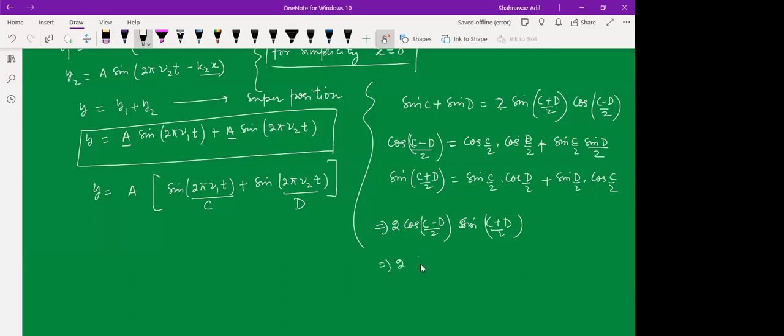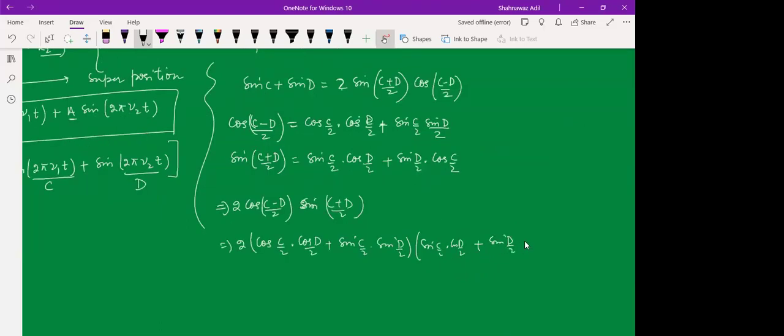So if we multiply that, how much would that be? That would be 2 cos(C/2) cos(D/2), sin(C/2) sin(D/2), and then the multiplication of sin(C/2) cos(D/2) plus sin(D/2) cos(C/2). So this is cos(C/2) cos(D/2) sin(C/2) cos(D/2), right?